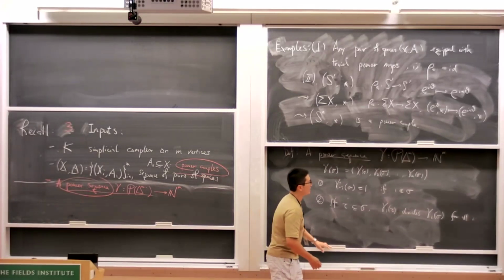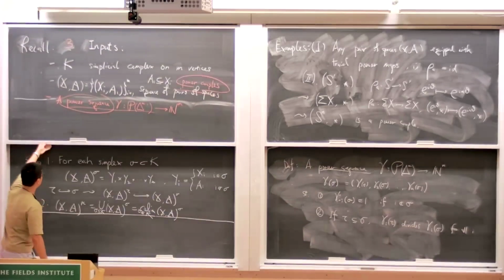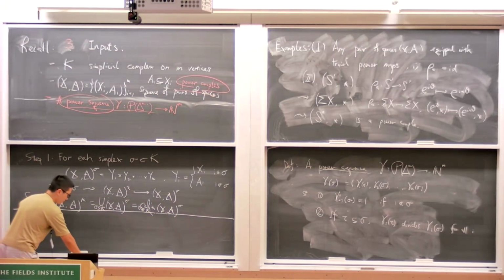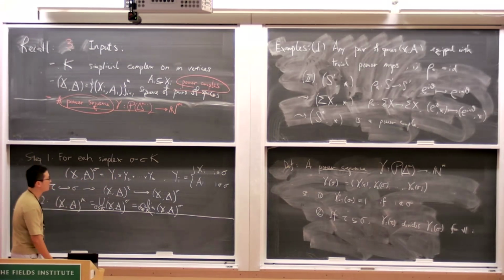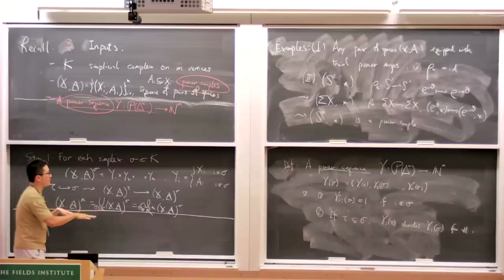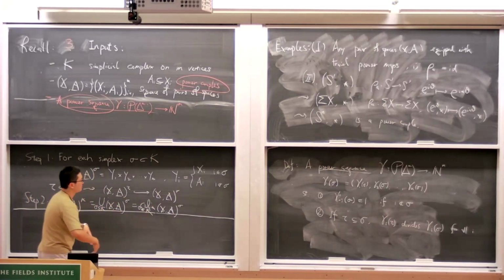Okay, now, after I talk about the three inputs, we try to define a weighted polyhedral product. Again, first we define the weighted polyhedral product for each simplex. In the usual polyhedral products, it is just defined as a product of spaces, and that is easy.